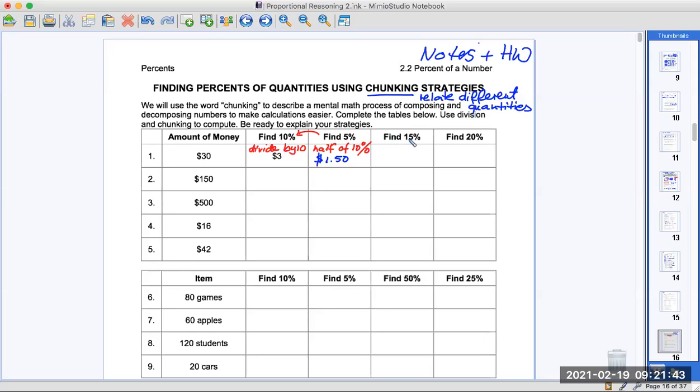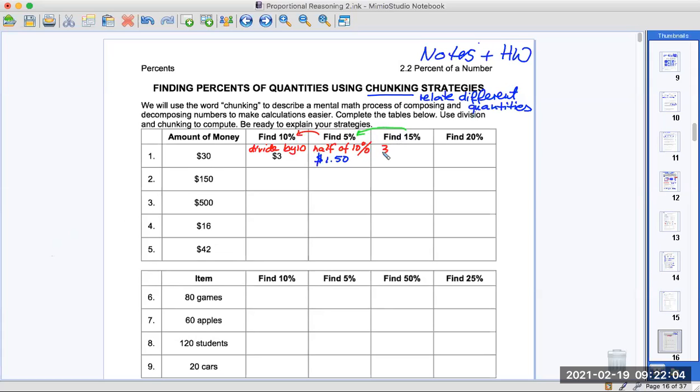Okay, find 15%. Well, it's hard to relate 10% and 15% with multiples, but I know I can relate 15% and 5%. So I see that 15% is 3 times the 5%.